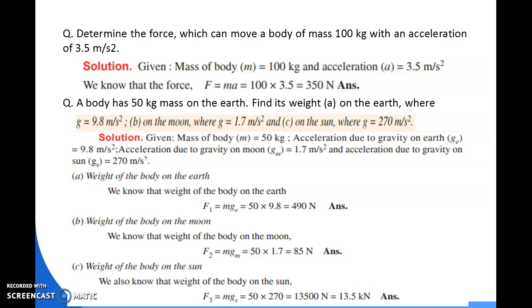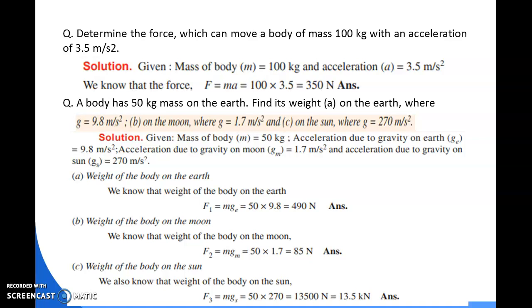First of all, we have to find out the weight of the body in each place. First, part (a), the weight of the body on the earth. As we know, force is equal to mass into acceleration. Here the acceleration is the acceleration due to gravity, so we can replace a by g.